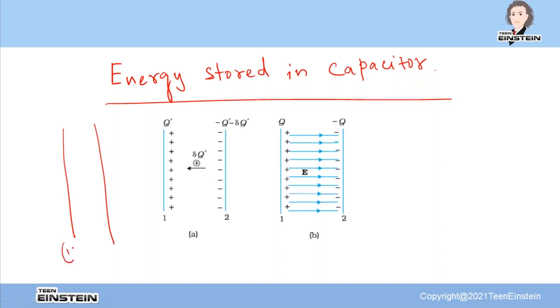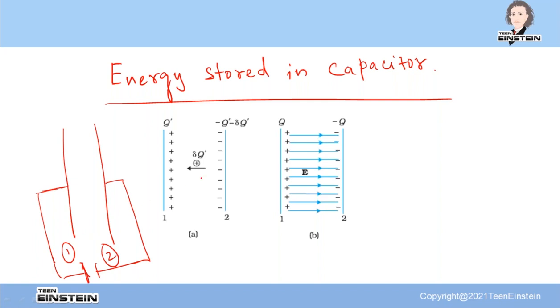In fact, we don't have to do it; if you just connect the battery, that itself will do. The battery we connect with the capacitor acts as an external agency to work against the electrostatic force, which is developed here between the plates.